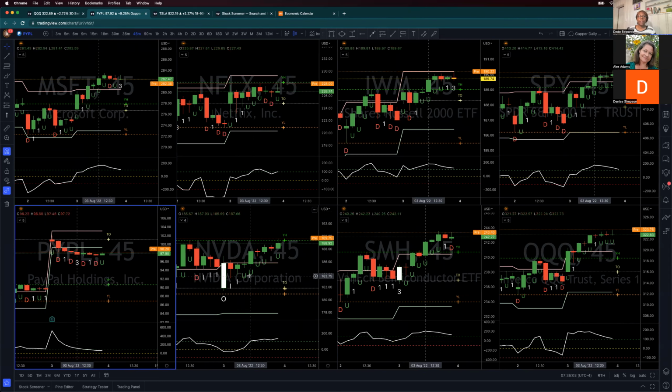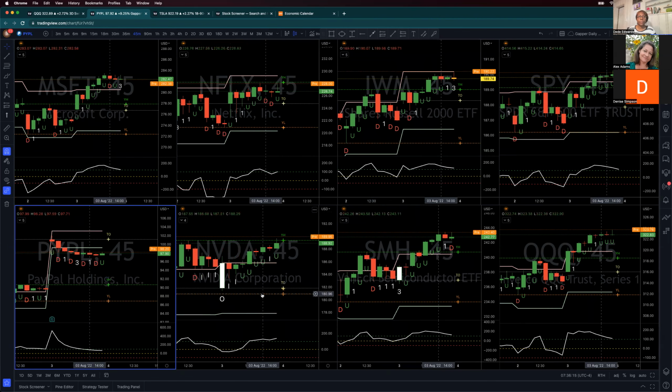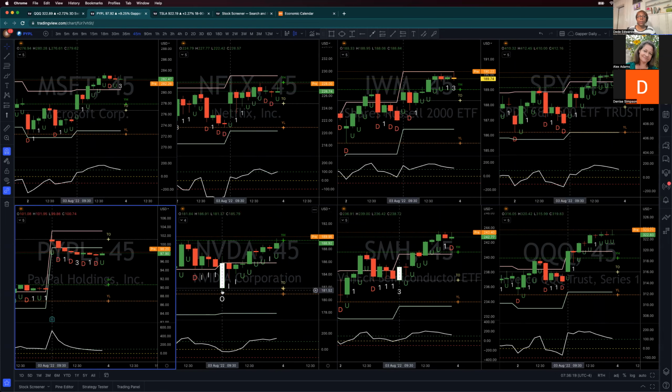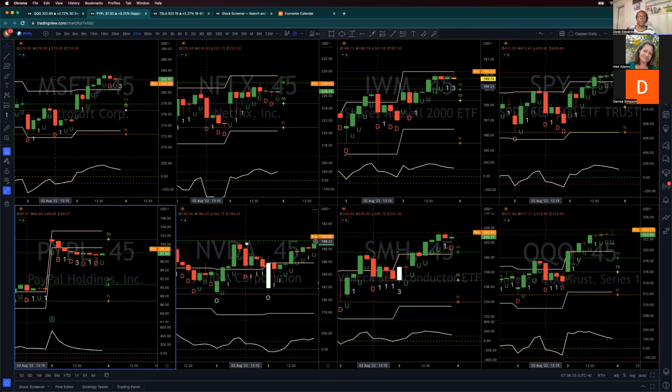NVIDIA, the reason why it struggled, it was inside day. The orange line is the low of the prior day. So there's a script. I talked about this before. The orange line is the low of the prior day. The white line is the current day's open. So this was yesterday's open. And the green line is the high of the prior day.